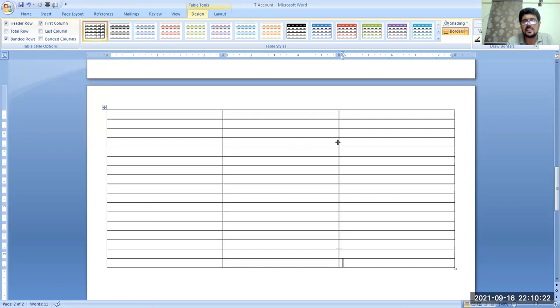They've asked for a balance sheet. So we are going to make a balance sheet over here. We will draw the balance sheet like this. So this is the balance sheet.